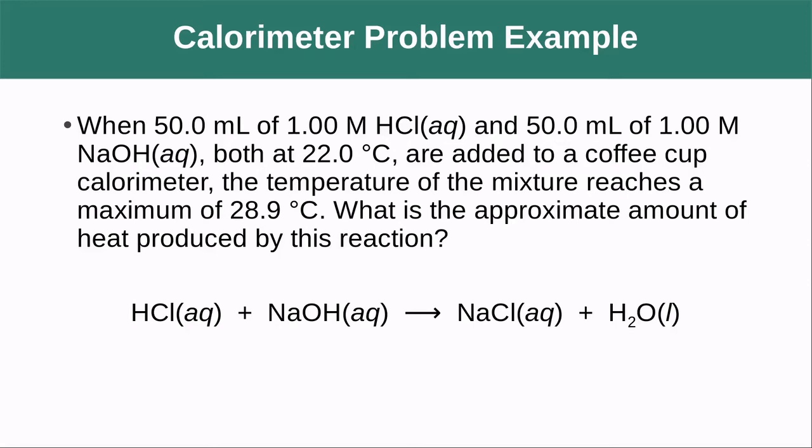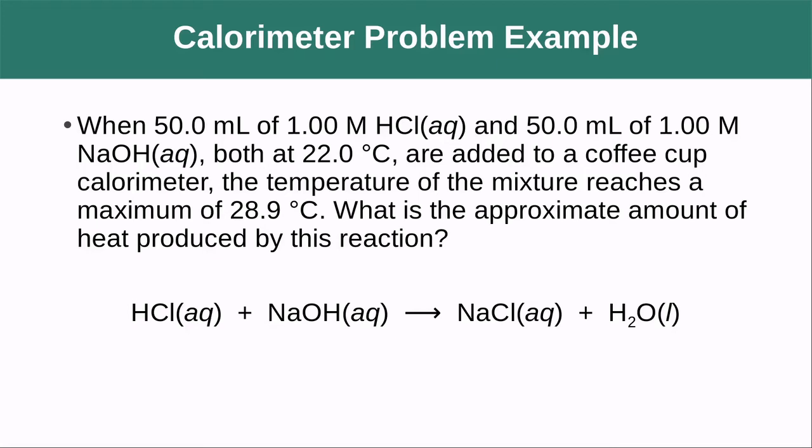When we are mixing 50 milliliters of 1 molar HCl and 50 milliliters of 1 molar NaOH, and both of those solutions are at 22 degrees Celsius, we add them into our coffee cup calorimeter, and the temperature of this mixture reaches a maximum of 28.9 degrees Celsius.